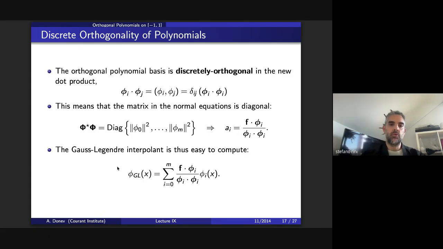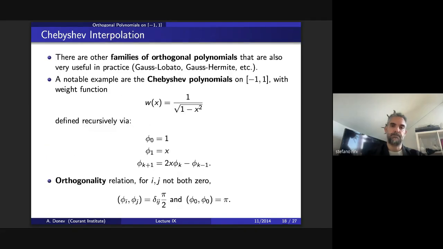And so when we want to calculate the Gauss-Legendre interpolation, it's very easy to compute. This interpolation, which is a polynomial in x, is the function evaluated at the endpoints multiplied by this sort of normalization factor that gives you the a_i, and this is the Gauss polynomial.